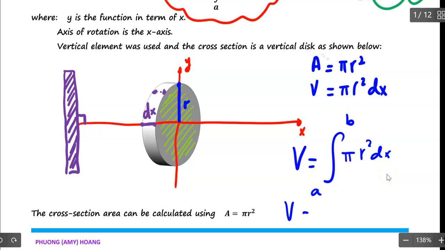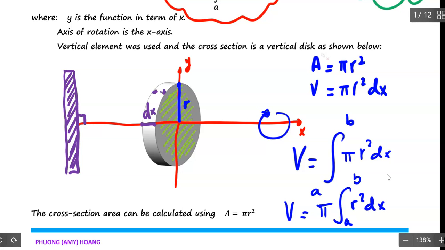So I will have the volume of a certain solid, if I use this method and it revolves around the x-axis, the axis of rotation. In this case the volume equals pi times the integral from a to b of r squared times dx.